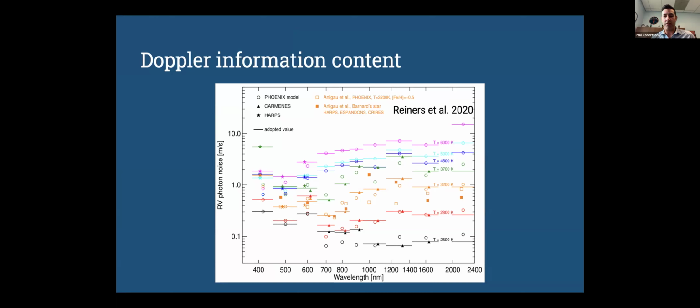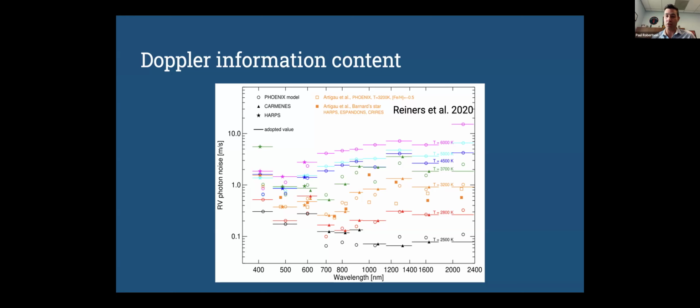But I'm also highlighting that you don't necessarily have to go fully infrared to leverage the maximal information content potentially. Especially for the early to mid M's, you can get most of the information content you need in the red optical, 700 nanometers out to a micron.